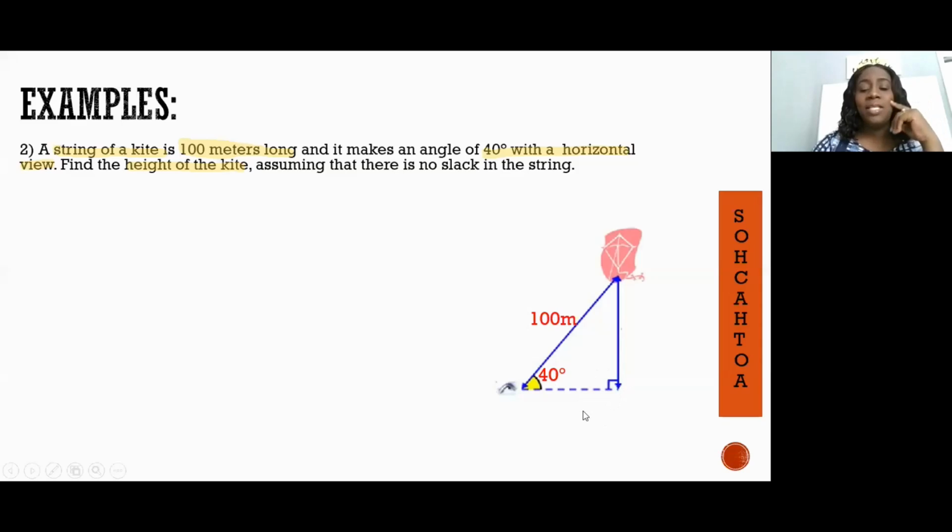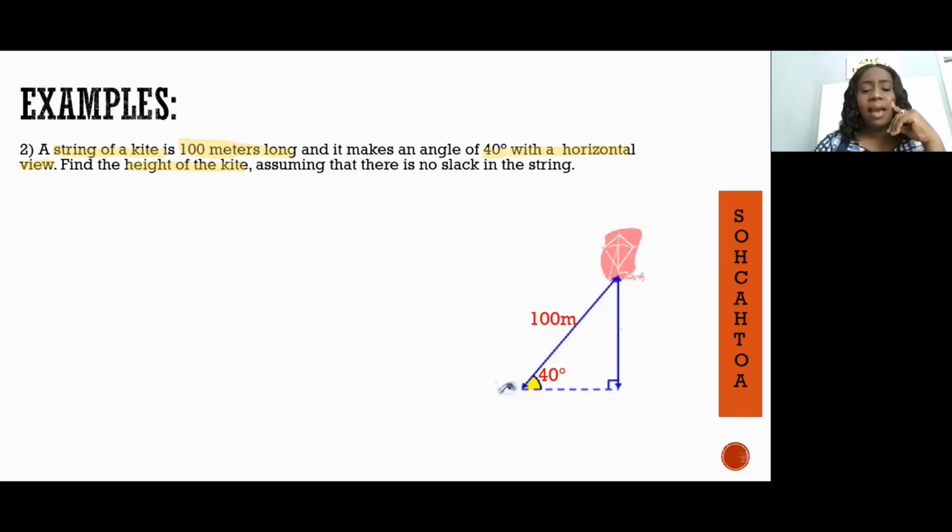What are they asking me to find? Where's that going to go? Good, Latasia. Height.